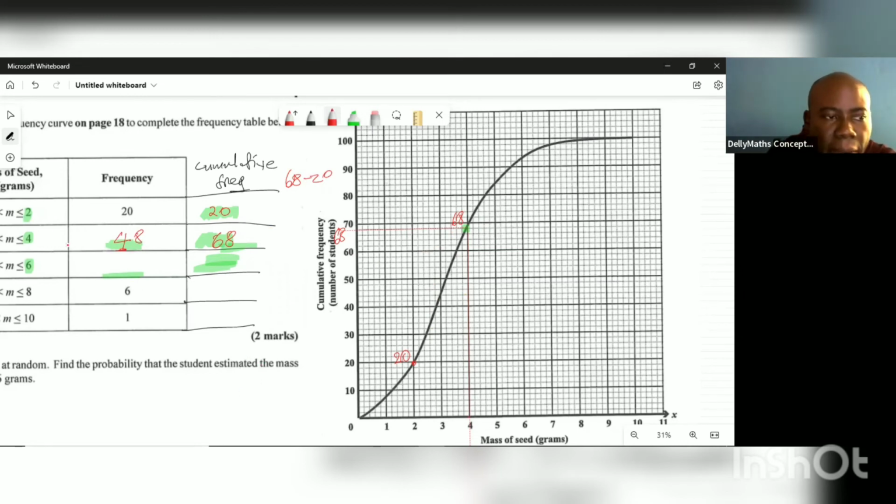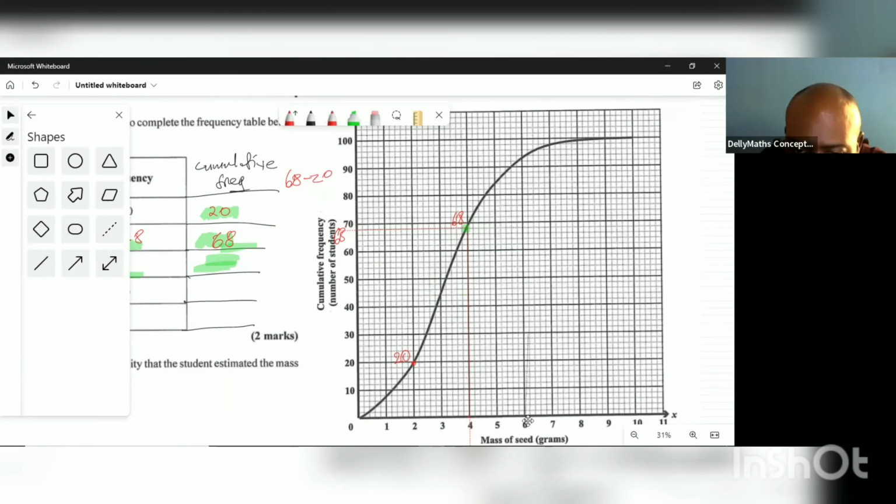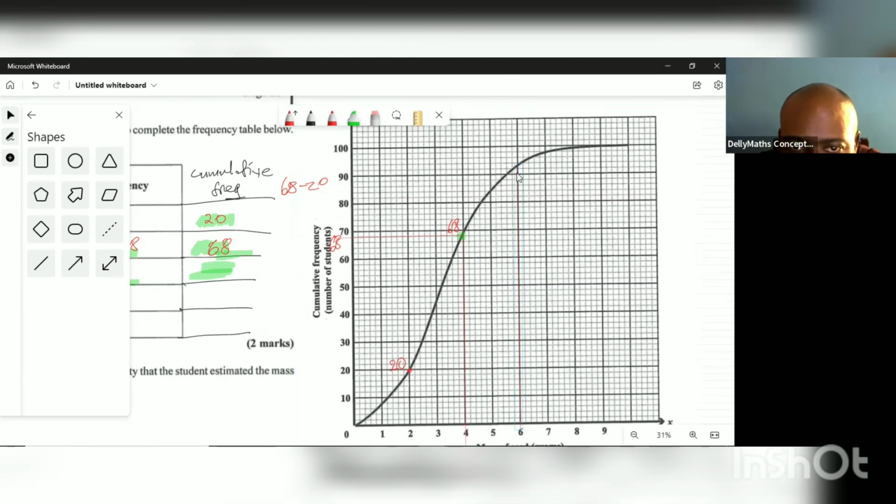So let us go up and find what 6 is. This line took us up to right there. That looks like about 93. So if I go across from here, I'm getting 93.